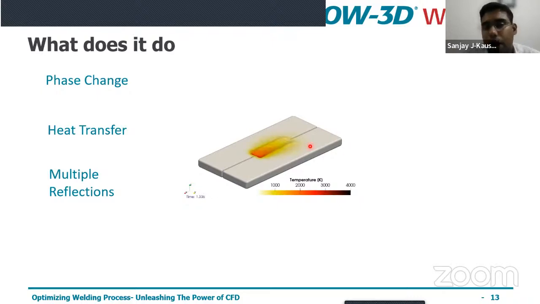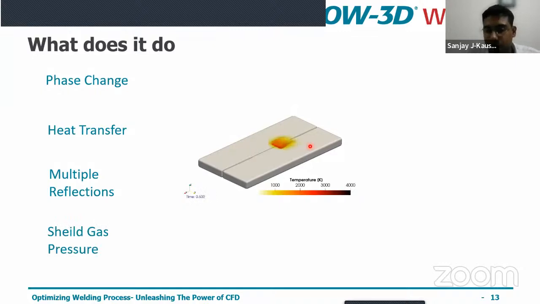When a high intensity laser or electron beam hits the body of, let's say, aluminum or any kind of steel, there's a tendency of the material to reflect the light. Because of the reflection of the light, there are refractions taking place, and because of that, there's material melting. And you will also have a heat loss because of the reflections. So that also has to be accounted for.